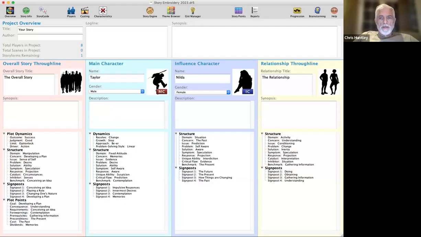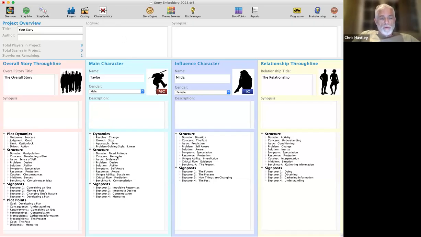And let's see. I'm going to share my screen. So this is Dramatica Story Expert. This is the overview screen, and we don't know what the story is about yet.